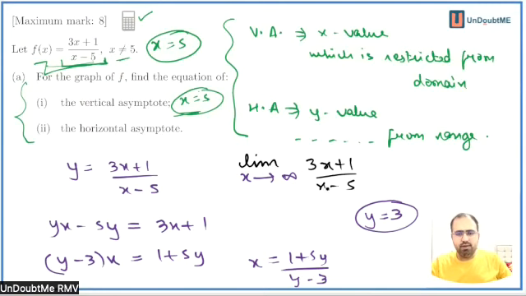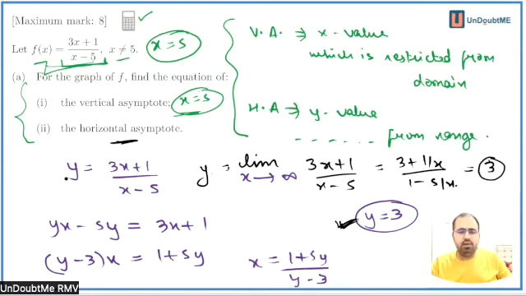Whenever we have such a limit, we divide both numerator and denominator by x. We tend to create 1 by x type of terms. So that will give me (3 plus 1 by x) over (1 minus 5 by x). On putting x tends to infinity, I will be left with only 3. So y is equal to 3. Or we can say the limiting value of this function is 3. That will be the horizontal asymptote. Yeah, we can go with that.